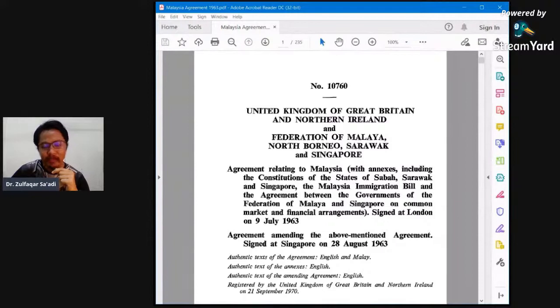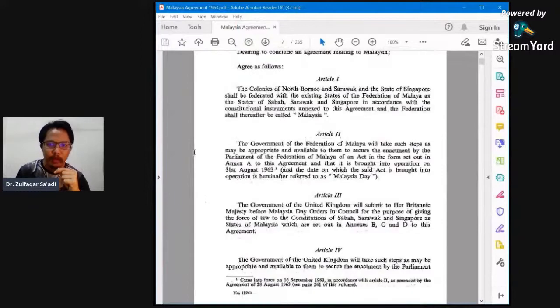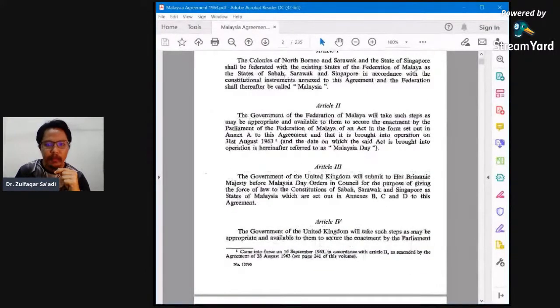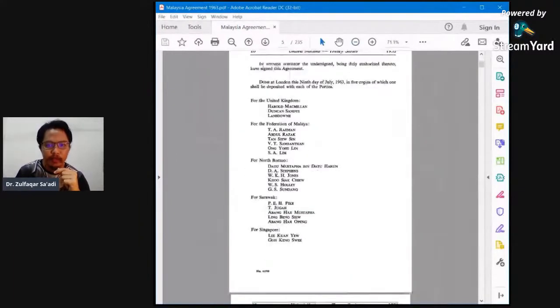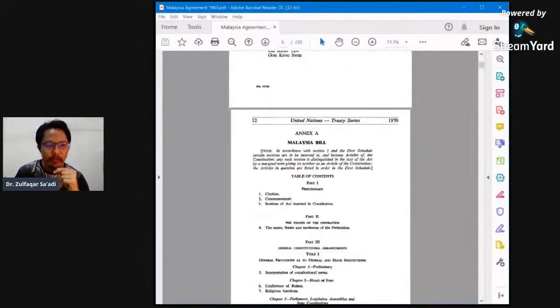Malaysia Agreement 1963 has 235 pages. This is the front page. Next, it will explain the articles of the Malaysia Agreement. There are 11 articles of Malaysia Agreement 1963. Then it will go to the signatories, who signed the Malaysia Agreement. And then it will go to Annex A until Annex K.